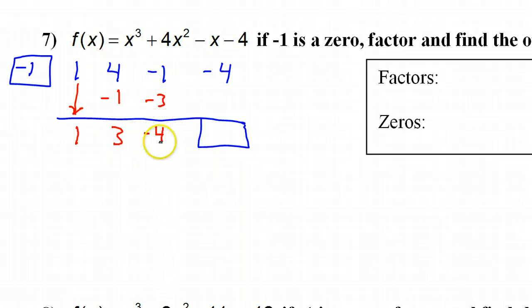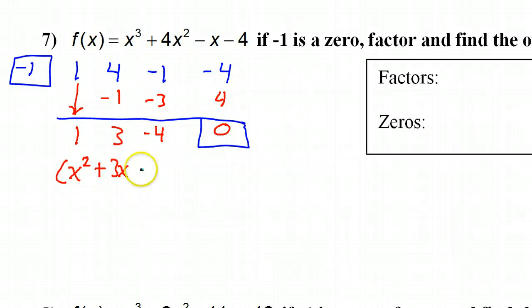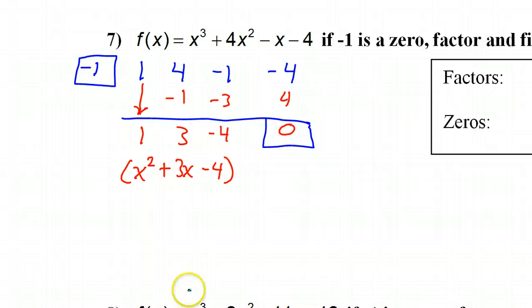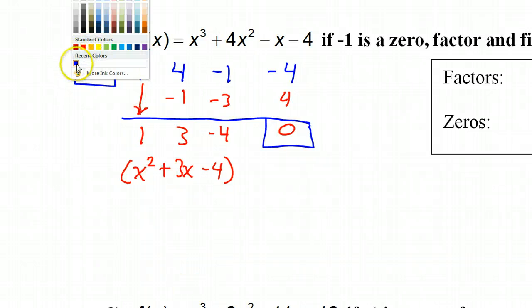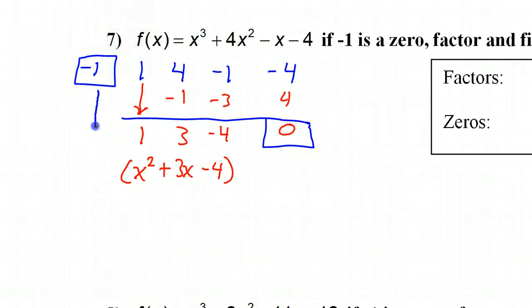Together, that makes negative 4. Negative 4 times negative 1 is positive 4, which of course makes 0. Putting this back as a trinomial will give us x squared plus 3x minus 4. Using the negative 1 that we were given in the first place, we know that there is a factor of x plus 1. So I factored it this much so far.